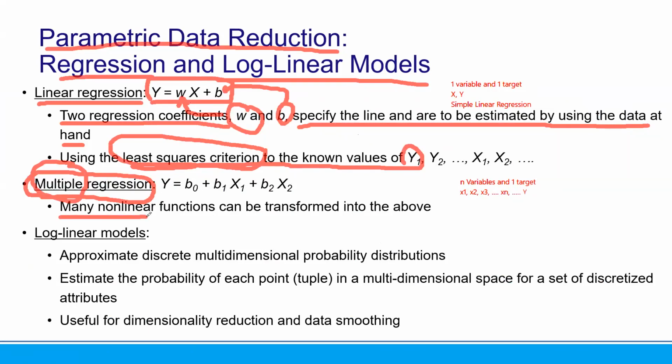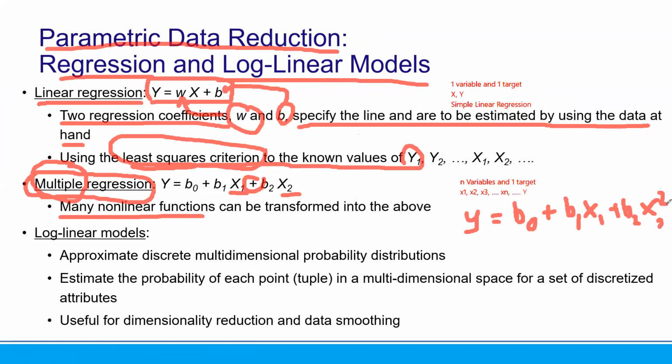We can have non-linear functions. If it is linear, then we will have only x, like x1, x2, and we will always use plus. But if it is a non-linear function, we can have y, for example, b0 plus b1 x1, maybe we have b2 x2 to the power of 2.